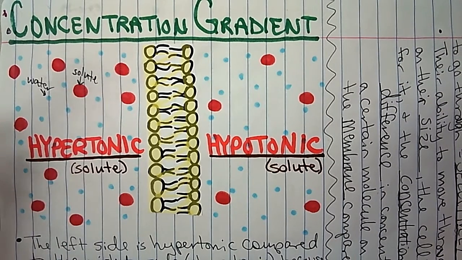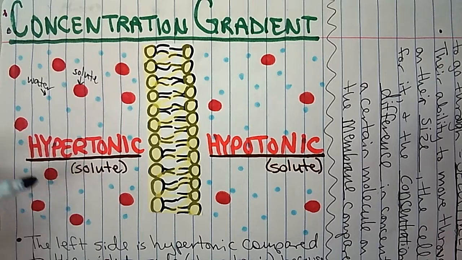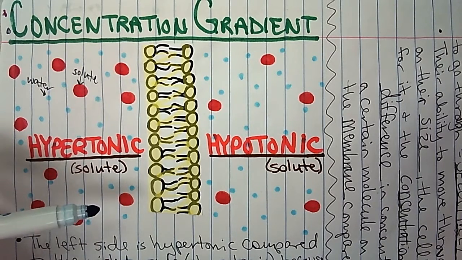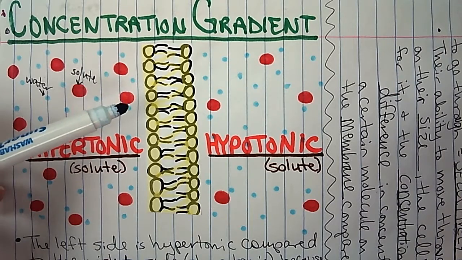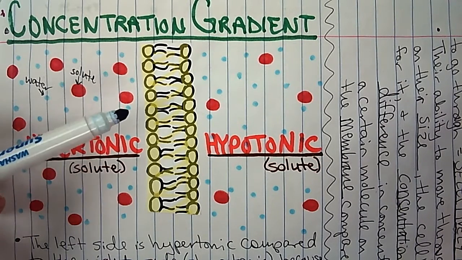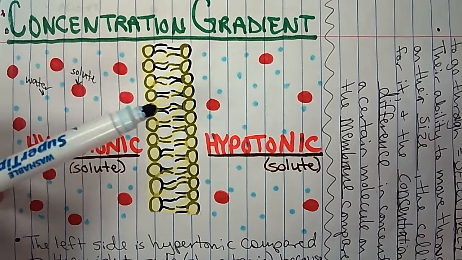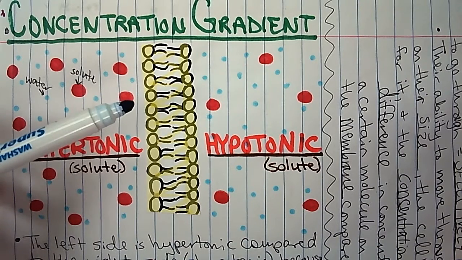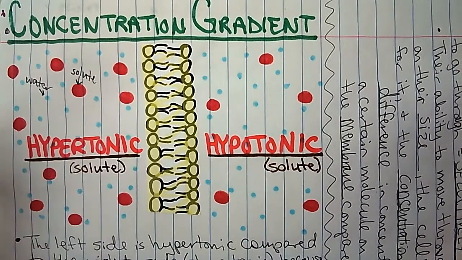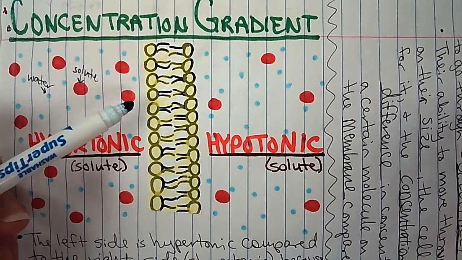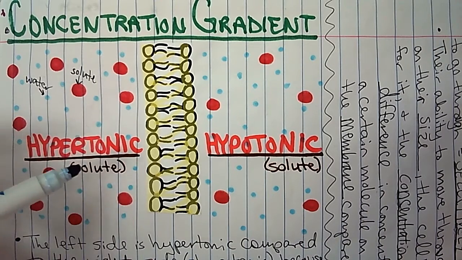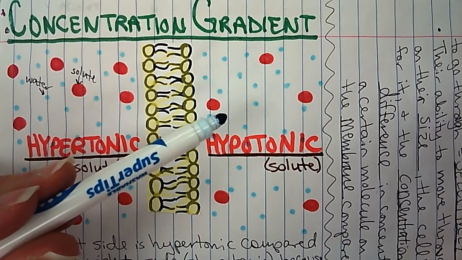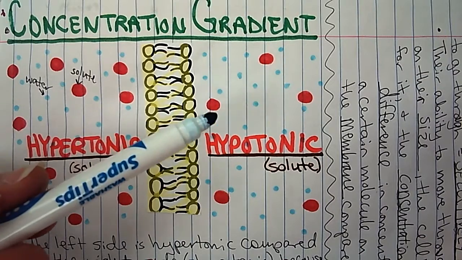Let's say, in a different example, that you are in a crowded elevator, coming down to the lobby. When the door opens, the lobby is pretty much empty, so you basically just fall out into the lobby. You do not have to use any energy to go from that crowded elevator into the lobby. So that's passive. You're moving from high concentration to low concentration, down the concentration gradient.